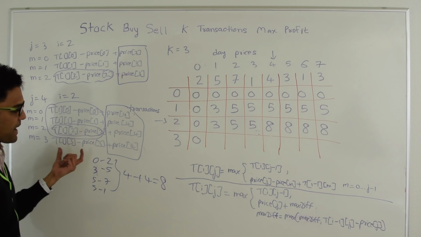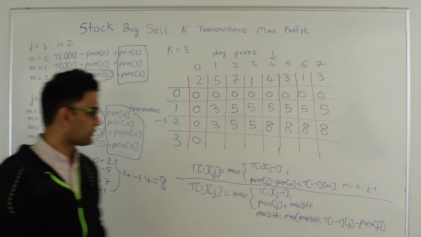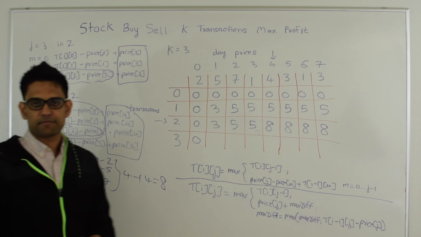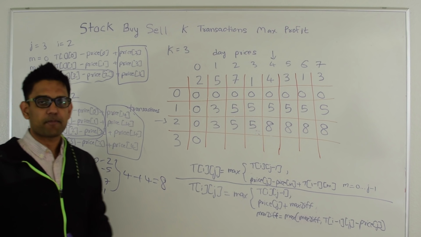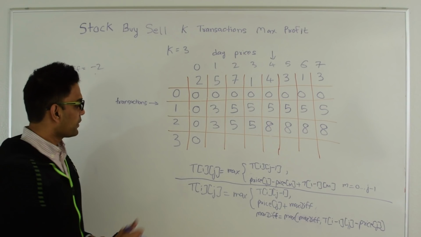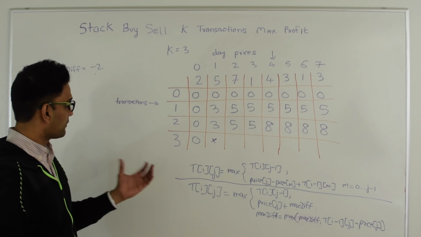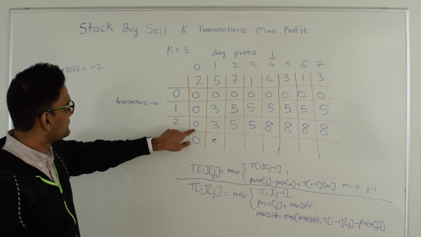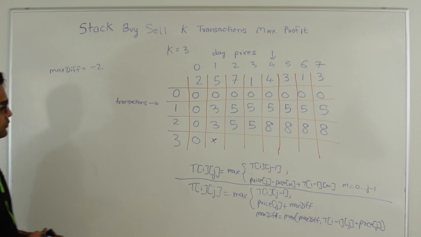So if we kept this max, we do not have to go back in m, but we can directly use this formula. I don't know if you understand that or not, but let's fill up the last row using this max diff. So now we're going to fill up this particular cell as per our new formula. Our initial max diff will be 0 minus 2, so our initial max diff is minus 2.